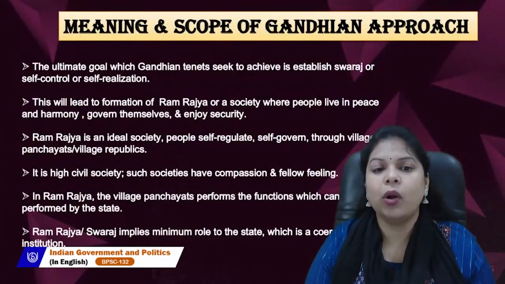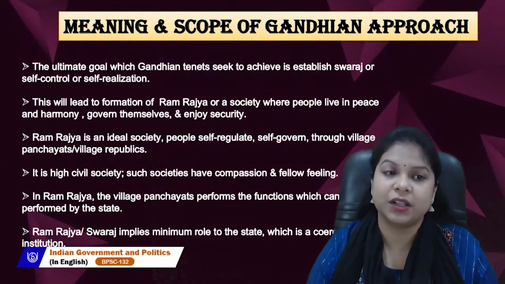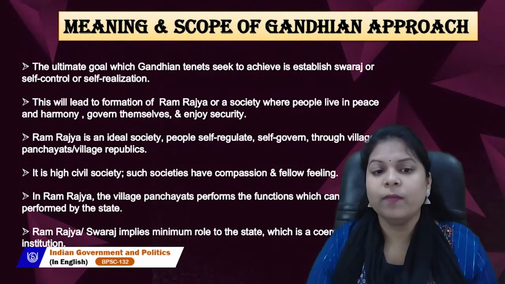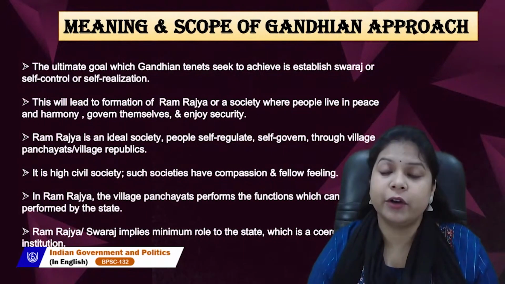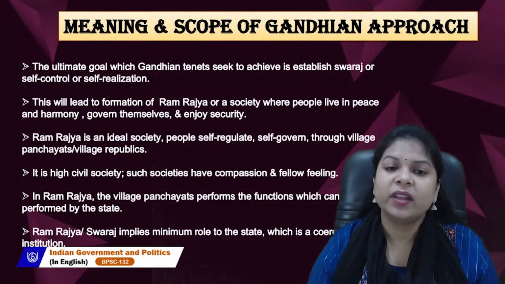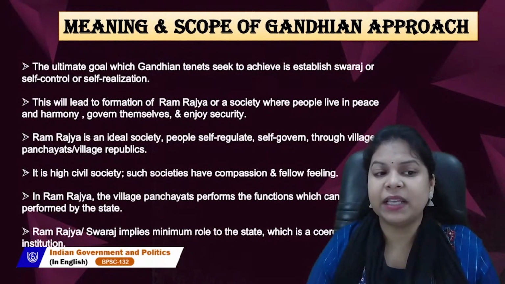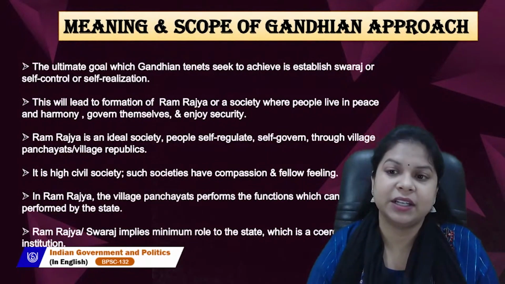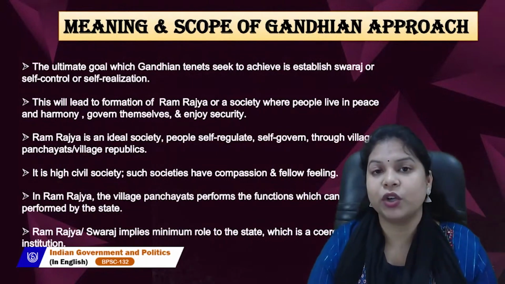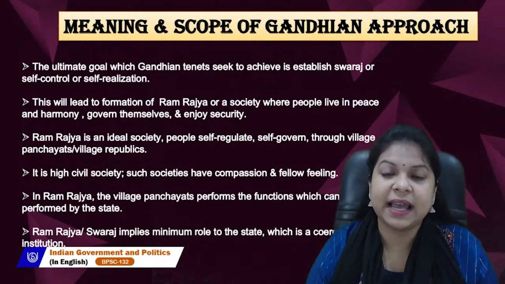The ultimate goal of Gandhian tenets is to establish Swaraj, or self-control or self-realization. Gandhi talks about self-control, which is a very important tenet of his ideas. He wanted a society based on self-control or self-realization, known as Swaraj. This will lead to the formation of Ram Rajya, a society where people live in peace and harmony.